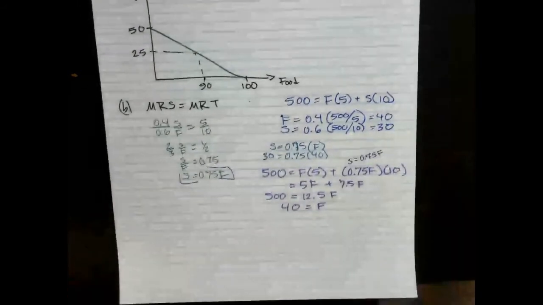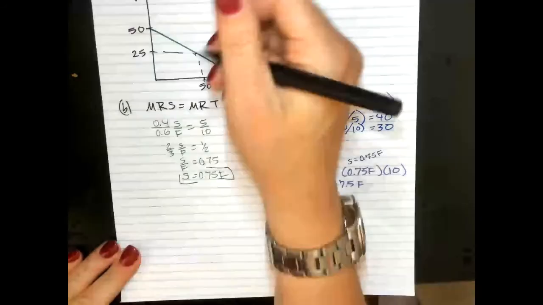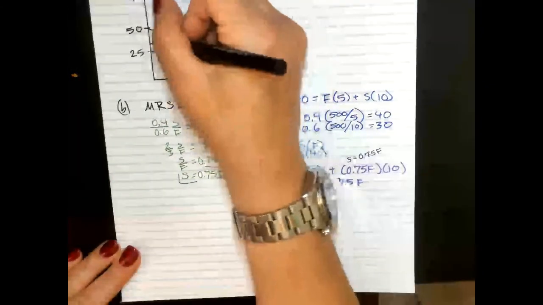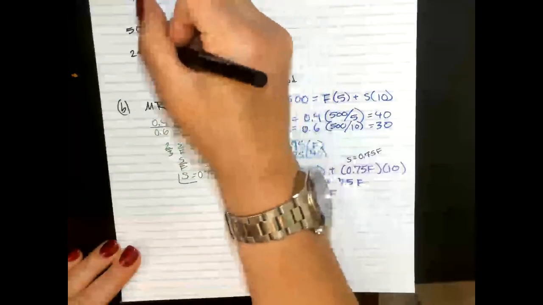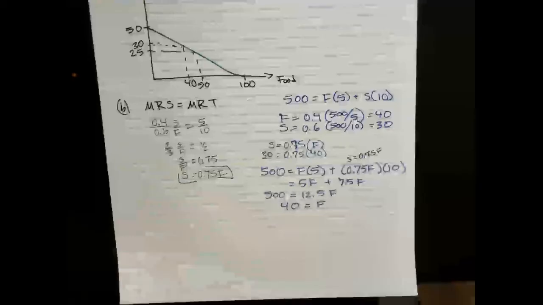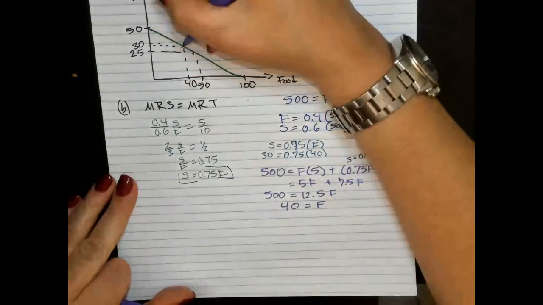Either way, however you get to it, we end up with an optimal consumption point that is 40 units of stuff and 30 units of everything else. And so part C says to graph the utility curve that's tangent to that budget constraint.